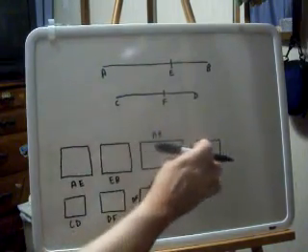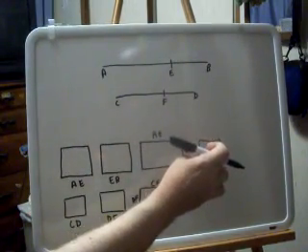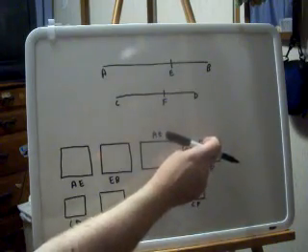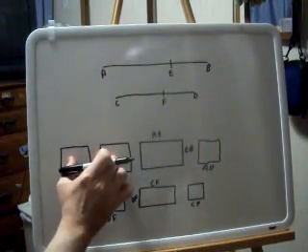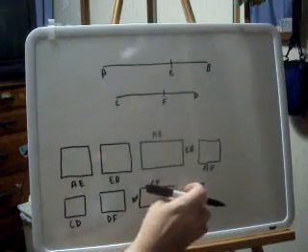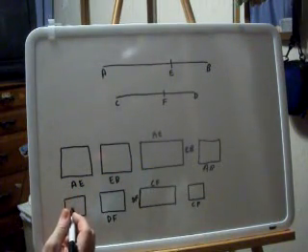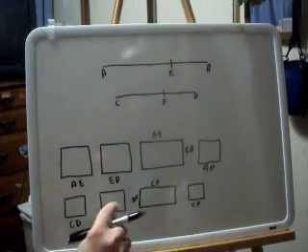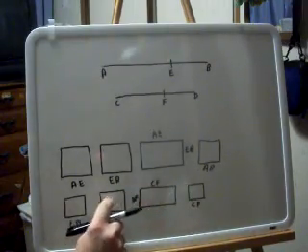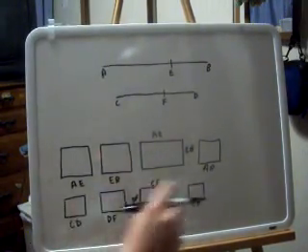As this is to this sum, so is this to the sum of this and this. You add these two together and this is to that sum.